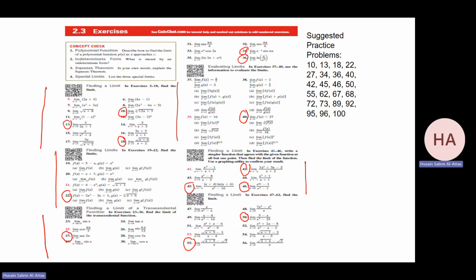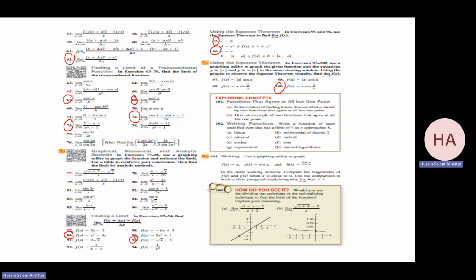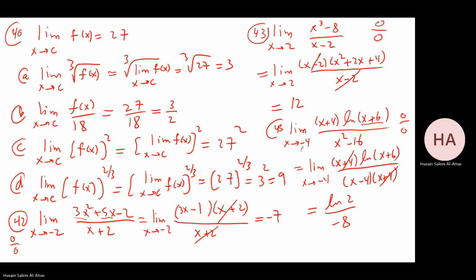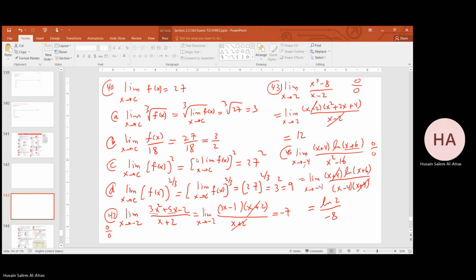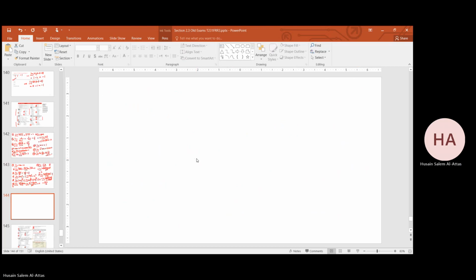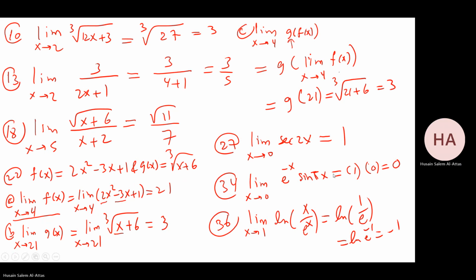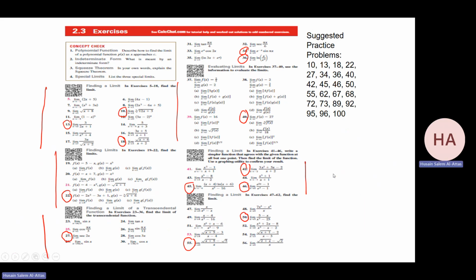46. Limit as x goes to 0 of e to the x minus 1 over e to the 2x minus 1.